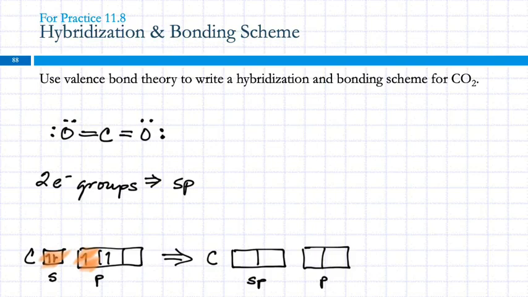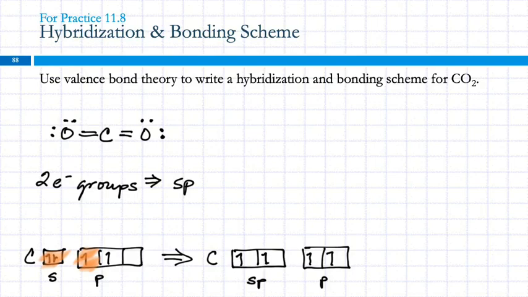Carbon has 4 valence electrons, and so as I put them in, I'm going to put 1 each in these sp orbitals, and then do I go up to the p's or do I pair things up? I need to go up to the p orbitals. The energy difference there is not much, and I can tell I'm going to need these because I have a double bond here, which is going to require a pi bond, and a double bond here, which is going to require a pi bond, and it's these p orbitals that do the pi bonds.